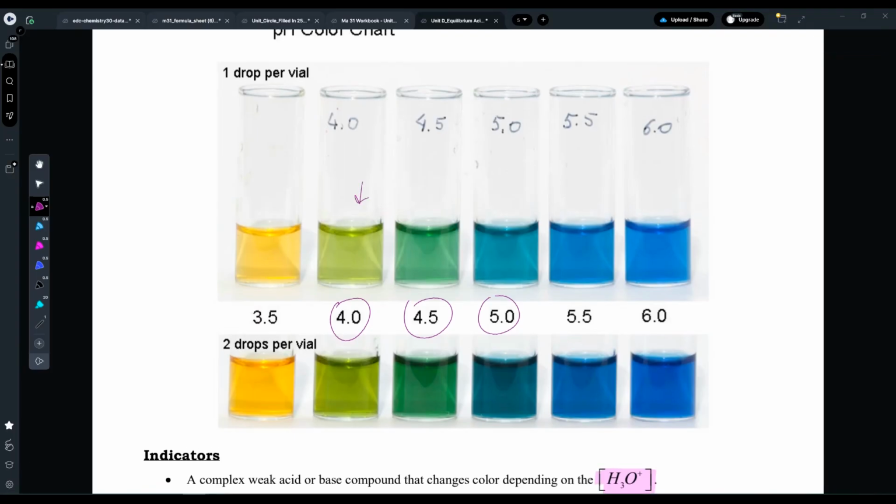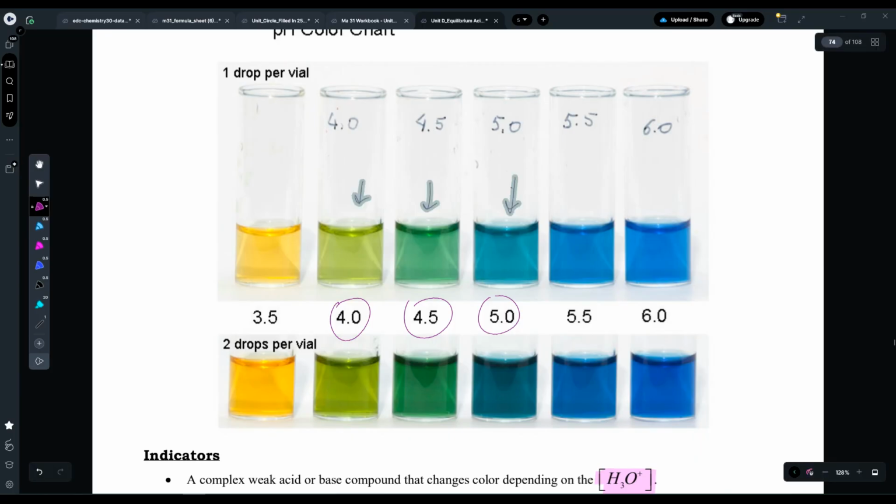So these two are a bit more green than this one, and the only reason for that is just because this last one here at a pH of 5 is getting closer to the more blue side of the range for bromocresol green. That's why it has more blue in it, because there are more moles of the basic form of bromocresol green in there, which is why it is appearing more blue.